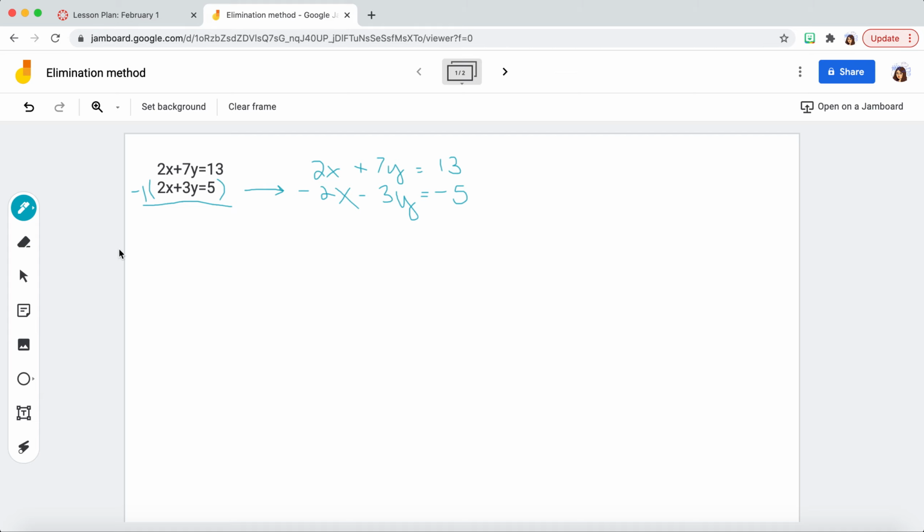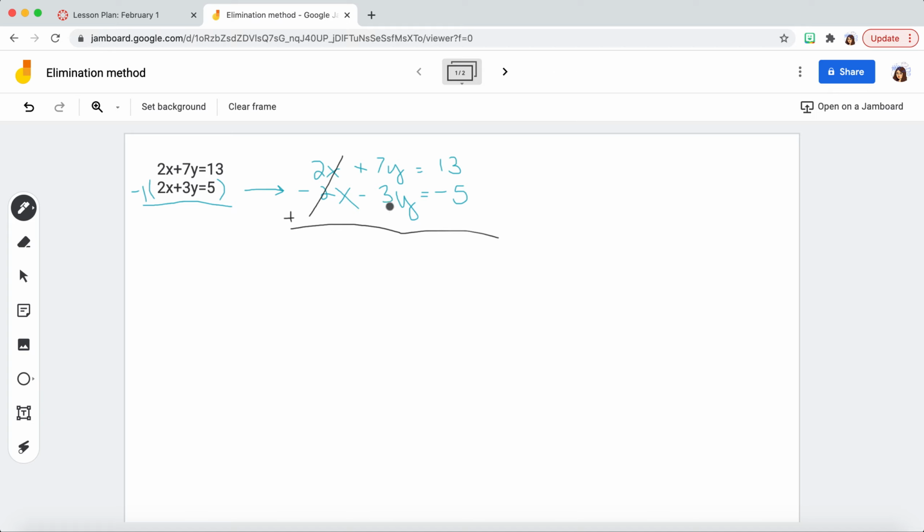Okay. So now that I have the opposites that I wanted, I'm going to add my equations. If I add 2x plus -2x, we know that is going to cancel. So I'm going to end up with a 0, which I don't have to write. Now let's go ahead and add 7y and -3y.